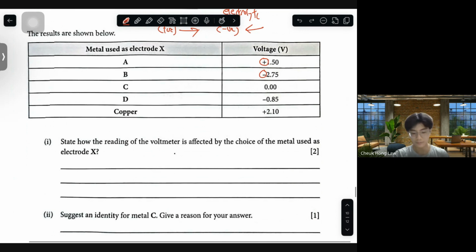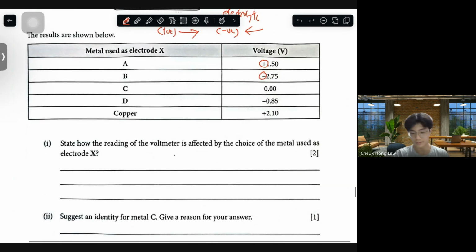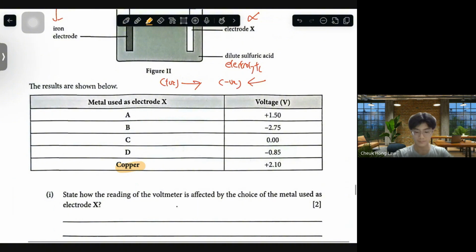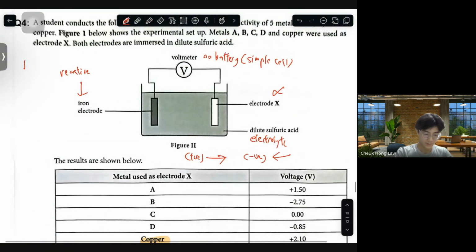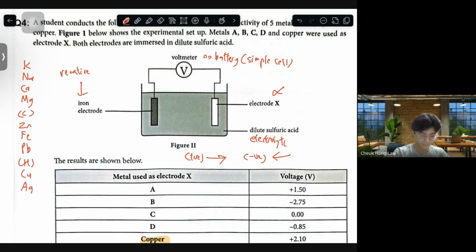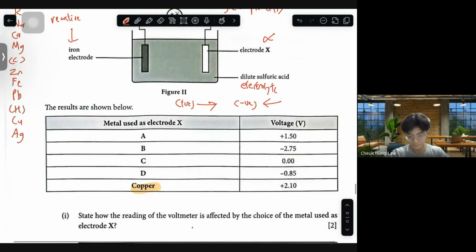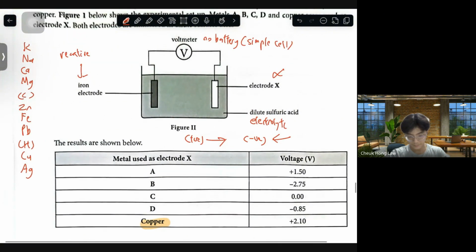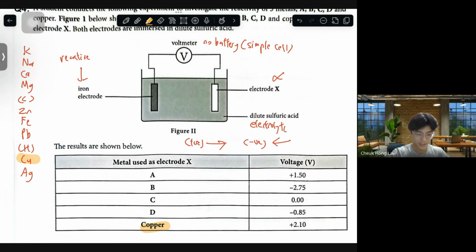So state how the reading of the voltmeter is affected by the choice of the metal used as electrode X. We don't know A, B, C, and D, so we don't know exactly where the electron flow is, but we know copper. So let me write down the reactivity series. Copper is here, iron is here.